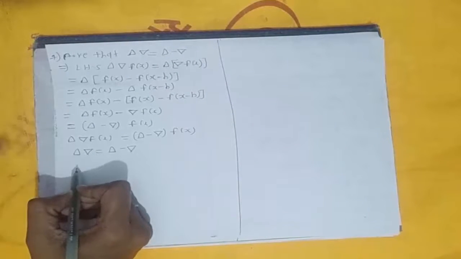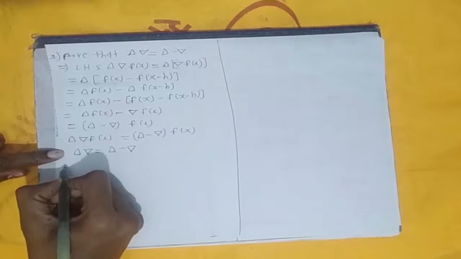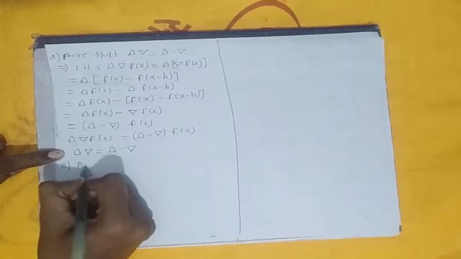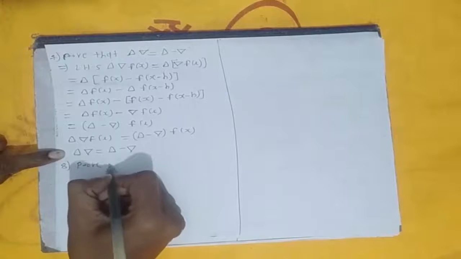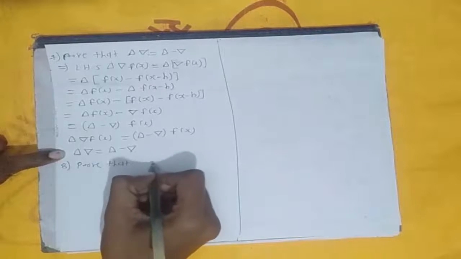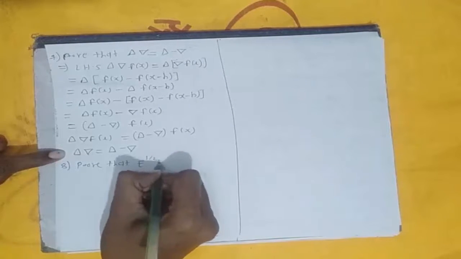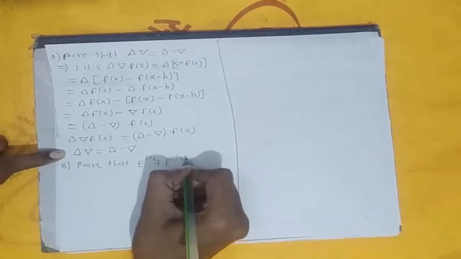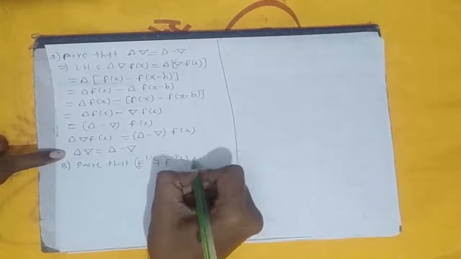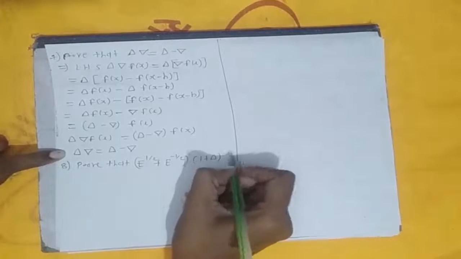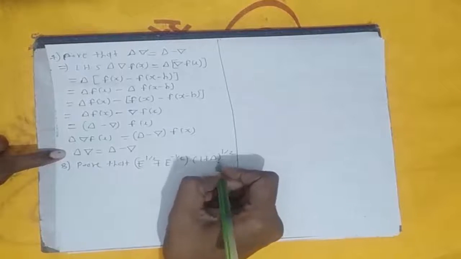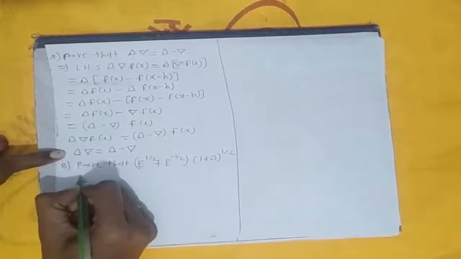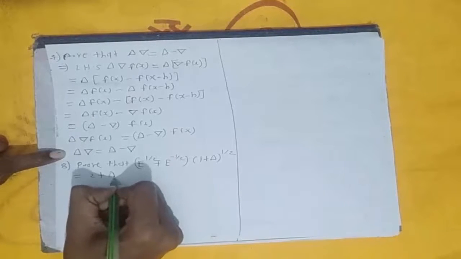backward difference operator. Then next, prove that or show that e raised to 1 by 2 plus e raised to minus 1 by 2, in bracket, into 1 plus delta raised to 1 by 2 is equal to 2 plus delta.